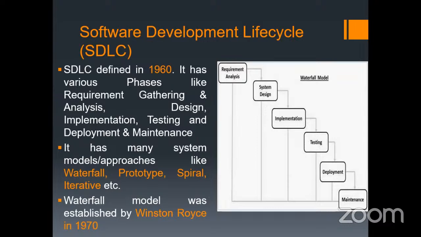It gives many approaches like waterfall model, prototype, spiral, and iterative model. The waterfall model is the most famous model and it was established by Winston Royce in 1970. This is about the software development lifecycle.